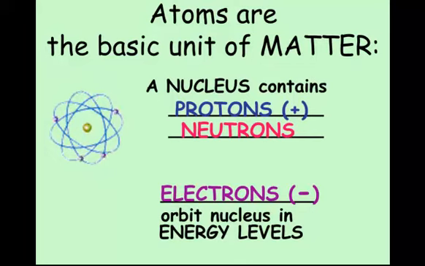Protons are positively charged particles, and neutrons, like their name says, are neutral. Electrons have a negative charge, and that attraction between the pluses of the protons and the negative charge on the electrons is what keeps those electrons orbiting around the nucleus of our atom.